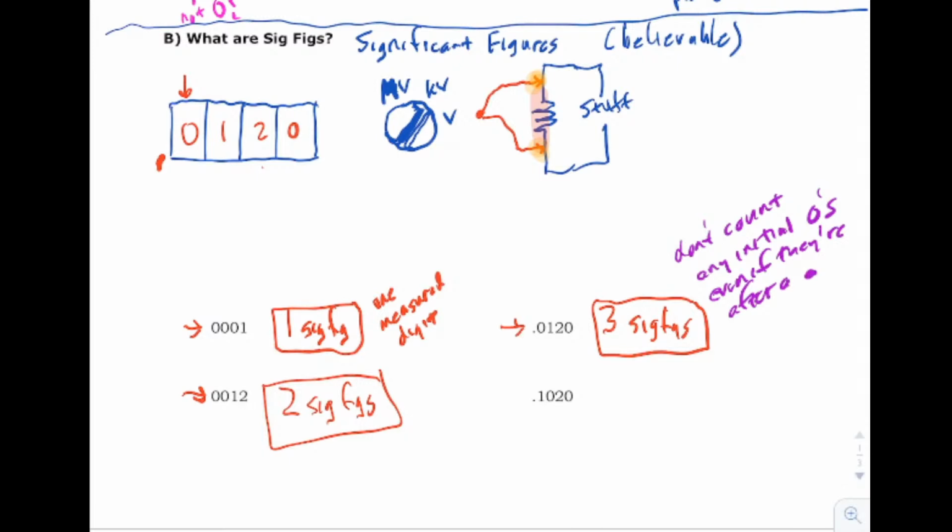You don't count that as a sig fig. So the 0.0 doesn't count, but then the 1 counts, and the 2 counts, and because the 1 and the 2 count, if you had more zeros, they'd also count. Anything to the right counts, but nothing to the left counts.